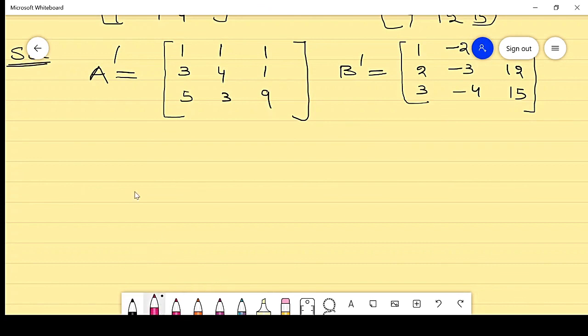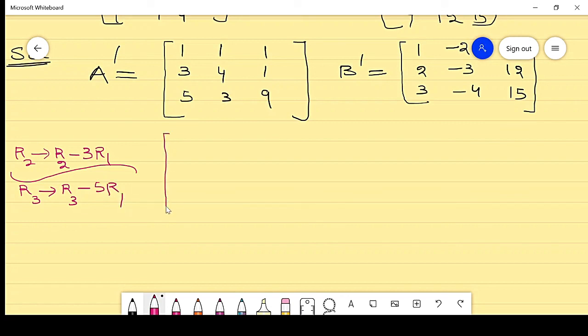So I take A dash. Operate R2, which is R2 minus 3R1, R3, which is R3 minus 5R1. So this will be 1, 1, 1, no change.